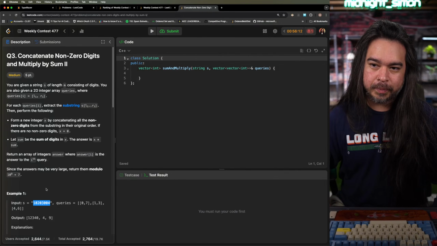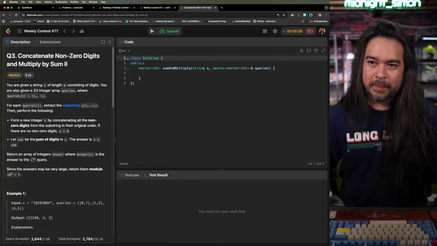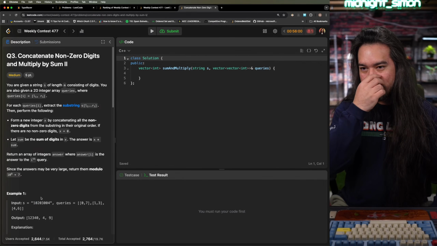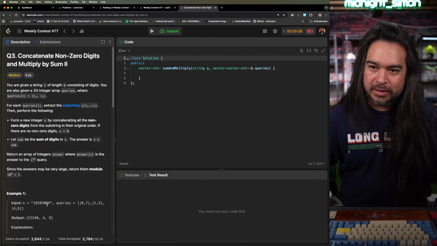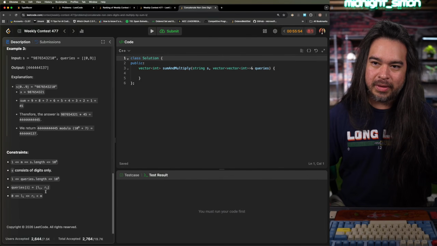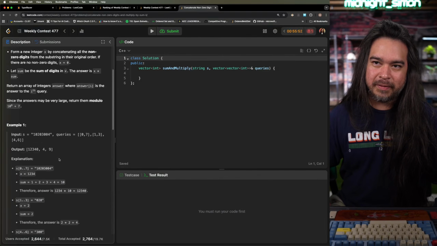So we need to form this new integer x, but there are zeros and we have to get rid of the zeros. Queries is telling us... man, but this could be up to 10 to the 5th.